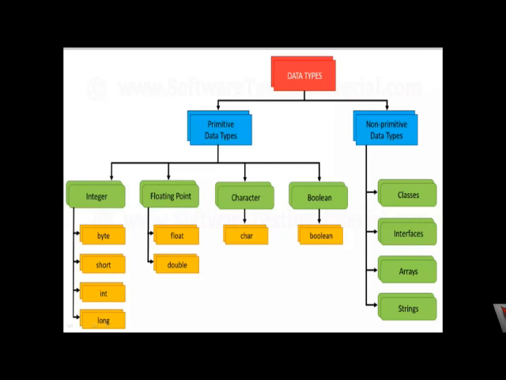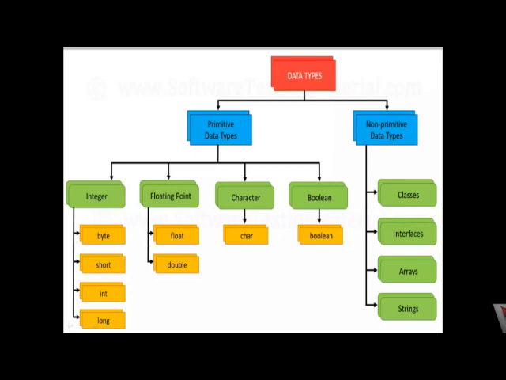Okay. Let's look at the next section, which is data types in Java. This chart gives you a clear idea of how many data types we have. Basically, it is two types. One is primitive data type, another is non-primitive data type.